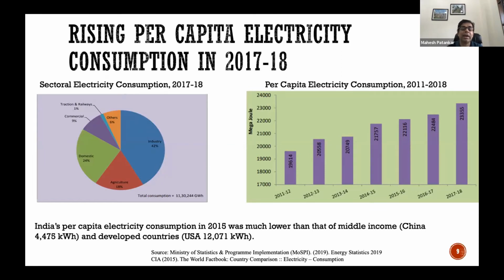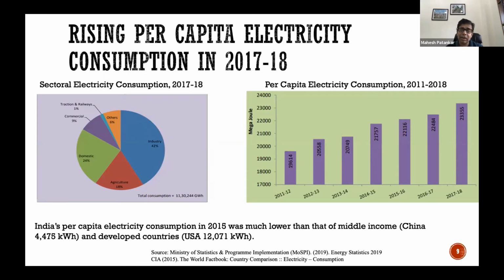This is coming from data in the aggregated revenue requirements filed by the distribution utilities to the respective state electricity regulatory commissions. I recollect the numbers from Mumbai back in 2008 or so, where we had about 800 kilowatt hours per capita per year of consumption from urban dwellings.